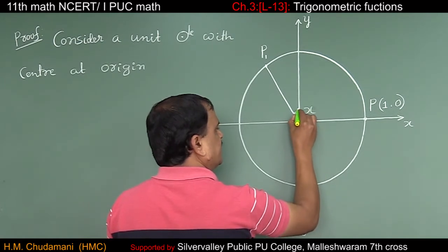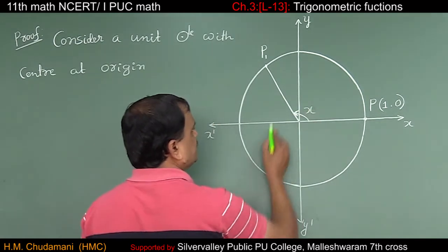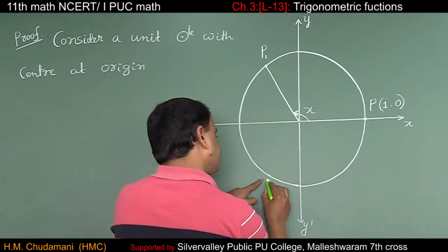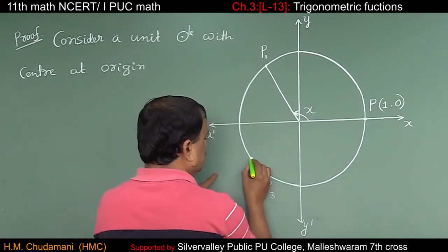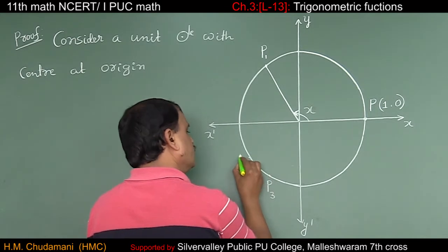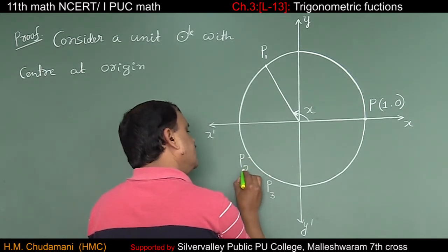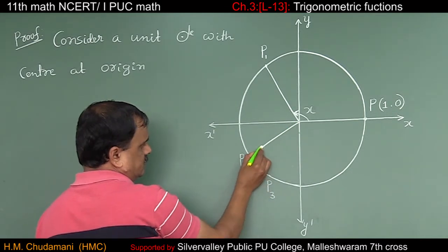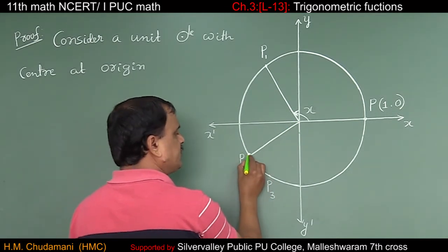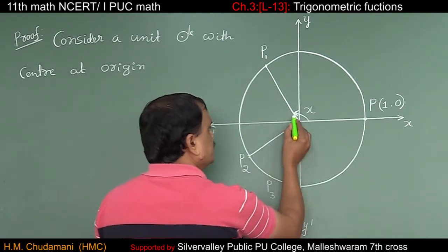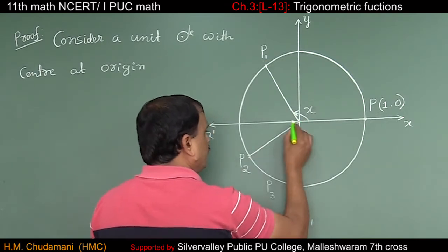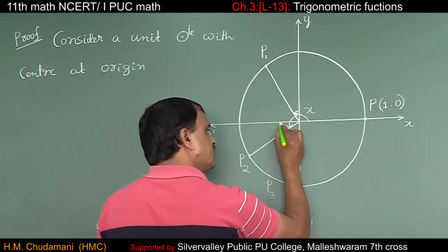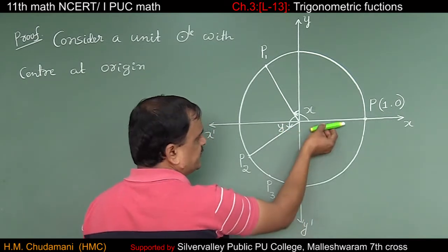Okay, so let me take one more point here, another point P2. I'll choose the point P2. So P1 O P2 makes an angle y.